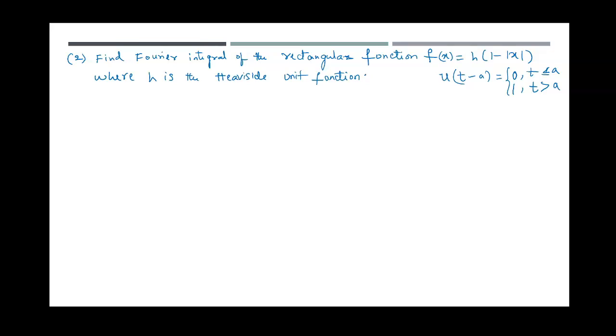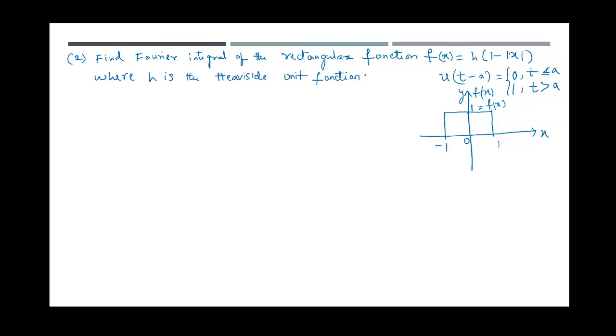This is the definition of the Heaviside unit step function. So here the interval is minus 1 to 1, and here f of x equals this one. Here this is x. So this one is 1, equal to f of x. So the value of f of x is 1 by the definition of the Heaviside unit step function.